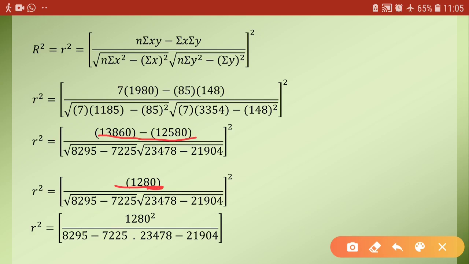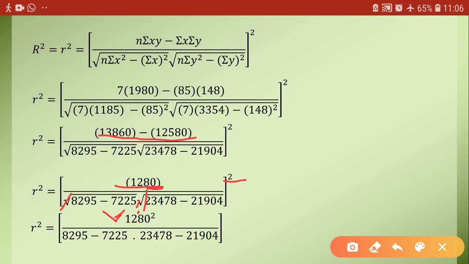So you can see there is a square here. If there is a square here, it will apply to both numerator and denominator. So if I apply the square in the numerator, it becomes 1280 square, and if I apply it to the denominator, then this root gets cancelled.